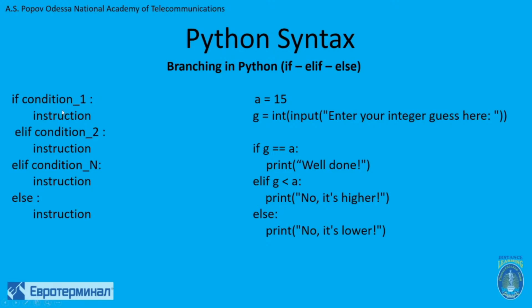Guys, pay your attention that in Python you don't have begin and end, you don't have special brackets indicating the instruction. The only thing that tells Python that it is a block of code related to a condition is spacing. It actually works like this throughout all of Python, it operates with spacing.